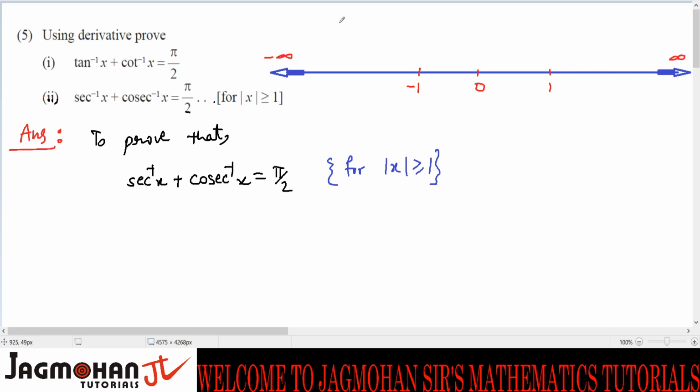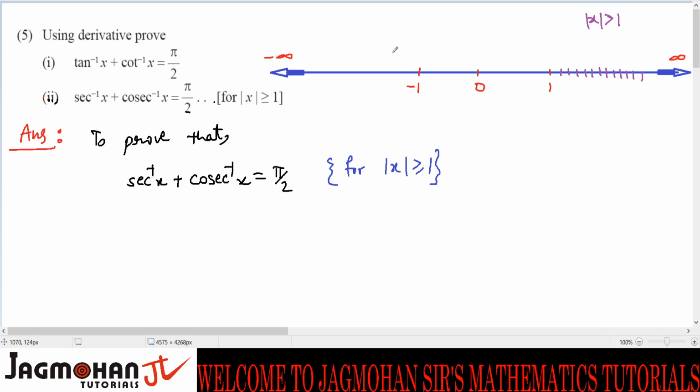Now if the variable x takes all these values, that is, values greater than 1, then mod of x will be greater than 1. If x is taking values like this, then mod of x will be greater than 1.